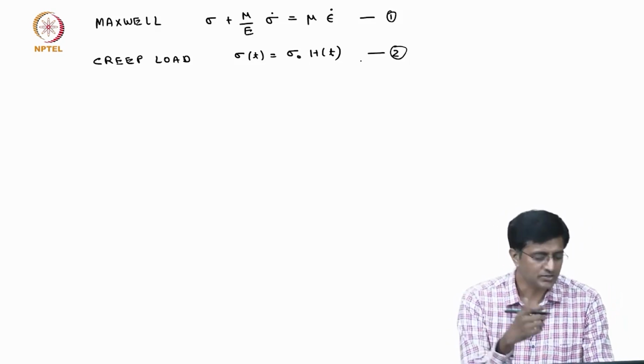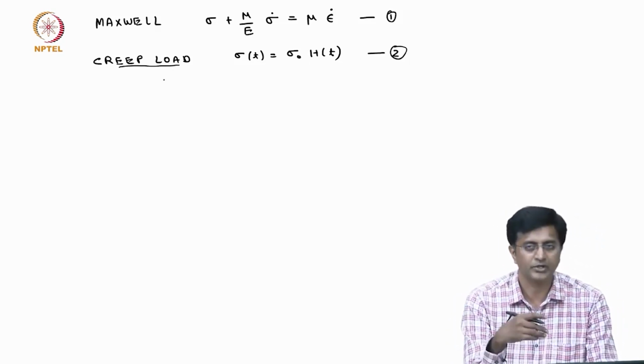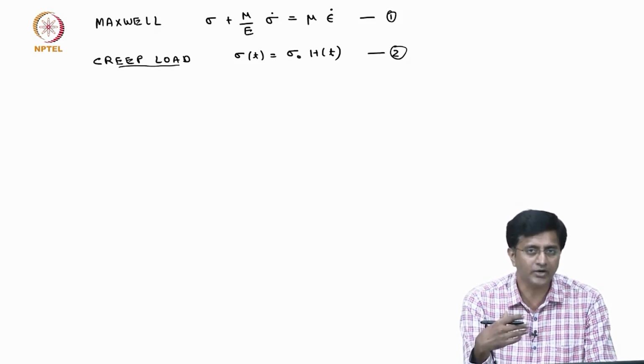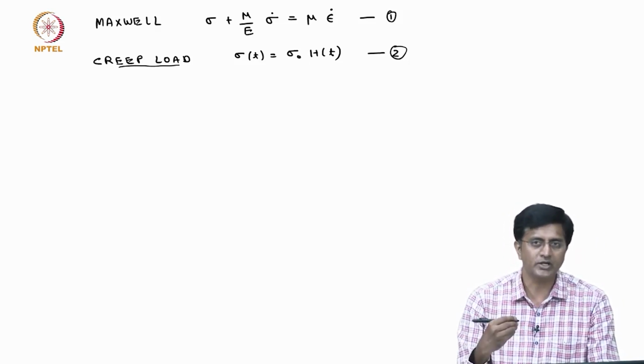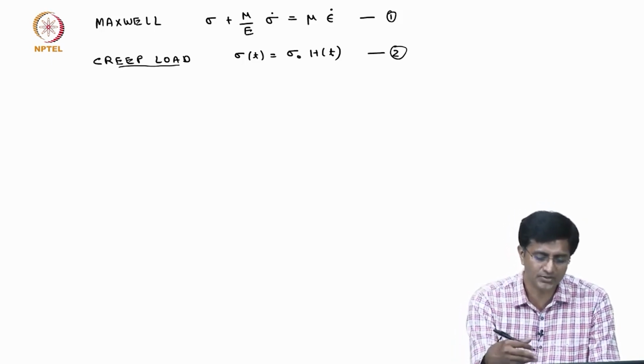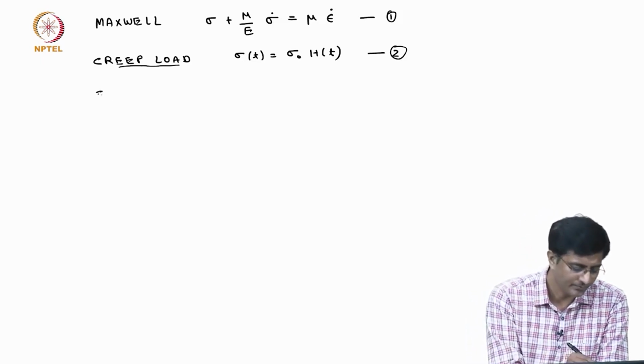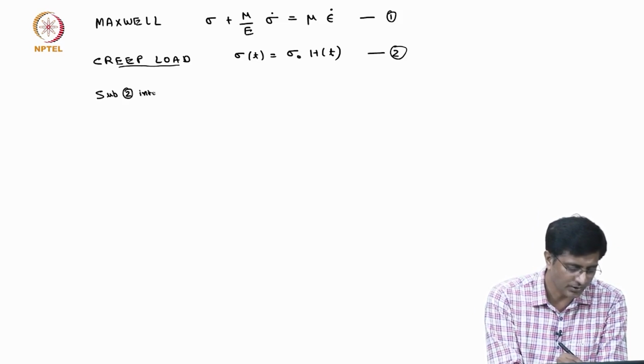So, the idea is now we know the creep load, or the input given in terms of stresses. We need to find the strain response. For that we will apply the Laplace transforms, but before we apply the Laplace transform, let us first substitute equation 2 into equation 1.